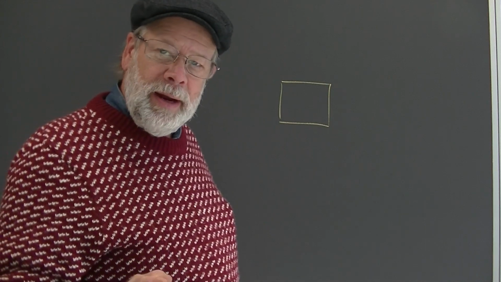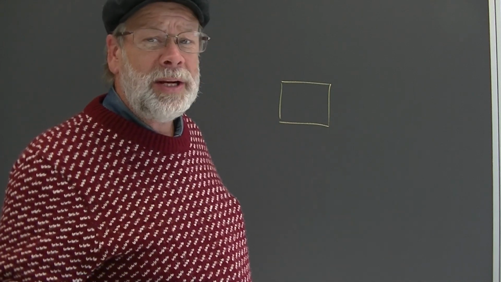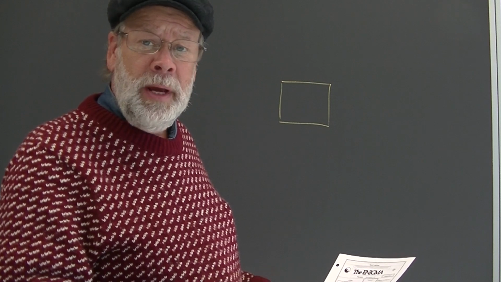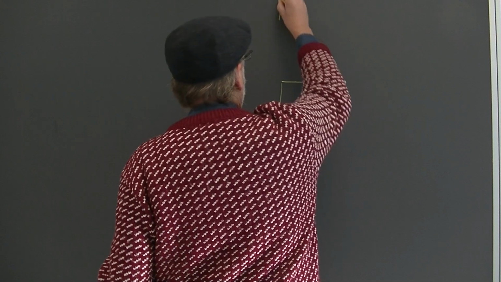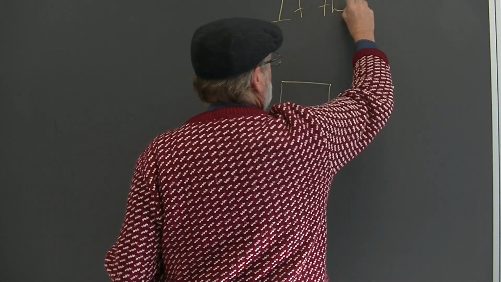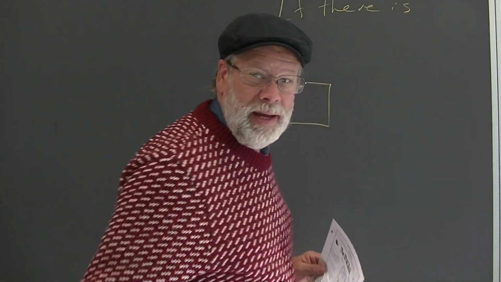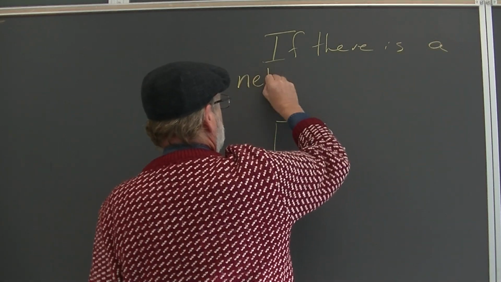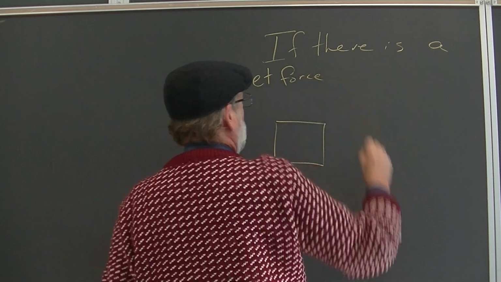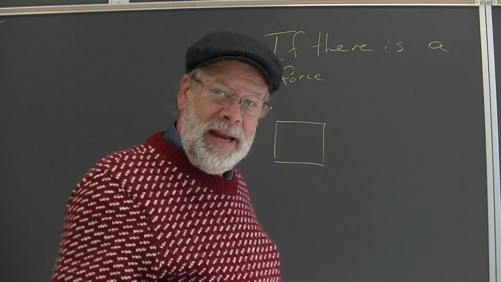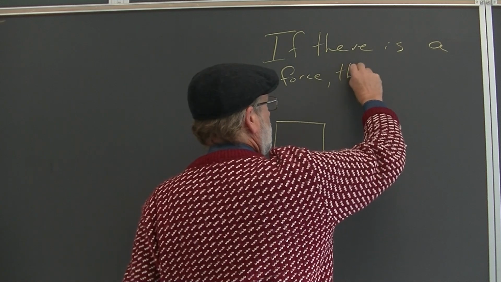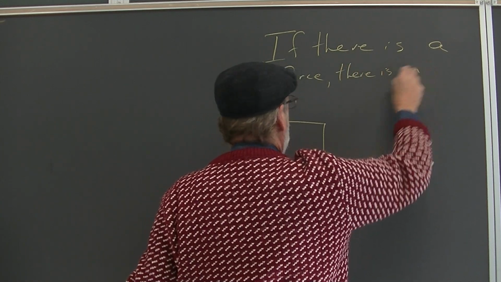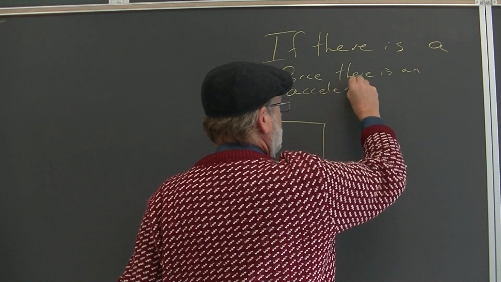On a free body diagram, we're going to attach all the forces acting on an object. One of the first things we have to understand is if there is a net force, there is an acceleration.